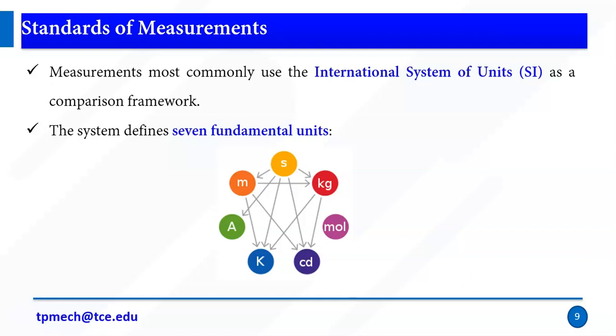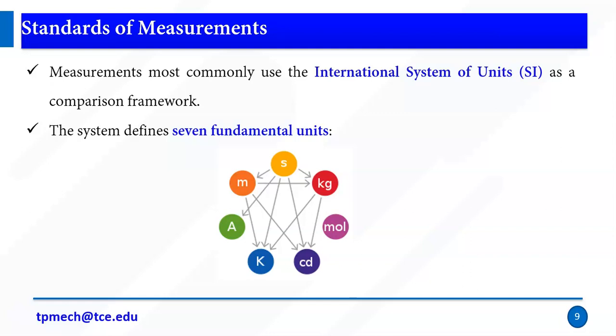CD, candela, is used to measure the intensity of light. Similarly, Kelvin for temperature. Current intensity you can measure in ampere, right? And length in terms of meter. So these are the 7 fundamental units we use.